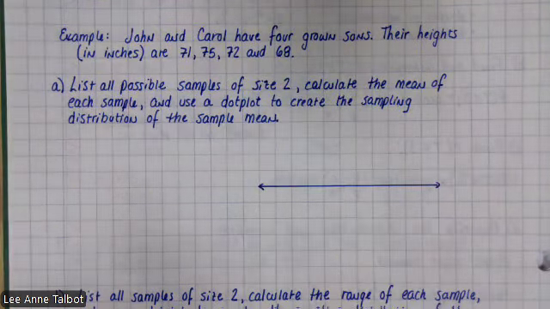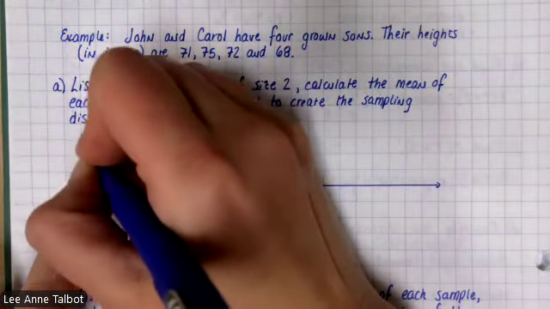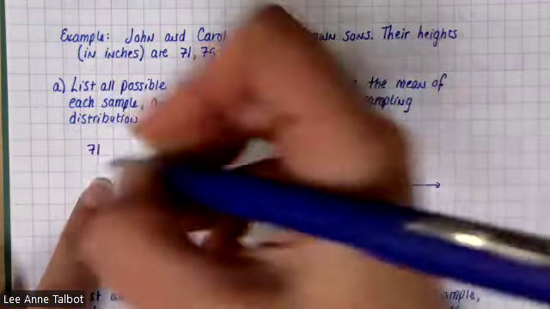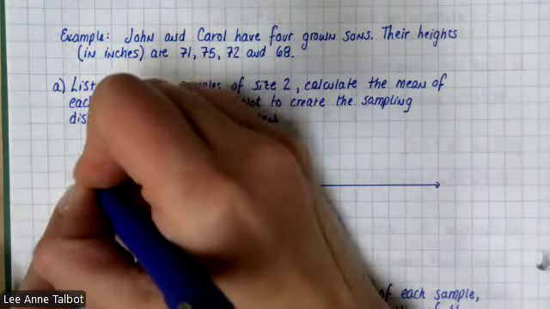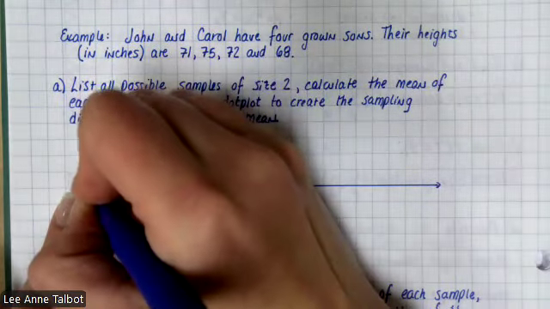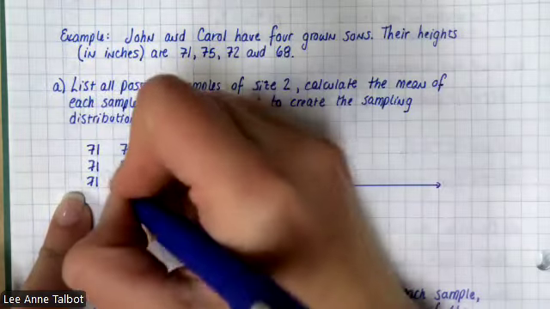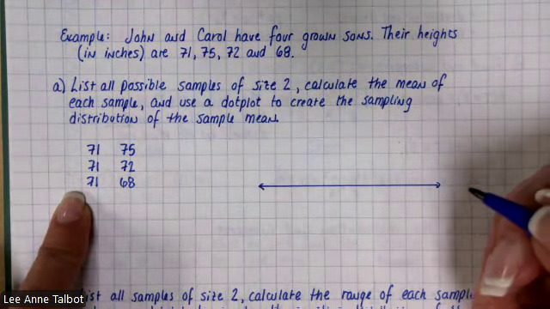Okay, everyone hates this part, so you have to list all possible samples. So we could have the 71-inch guy and the 75-inch guy. And we could have the 71-inch guy and the 72-inch guy. And we could have the 71-inch guy and the 68-inch guy. Do you see what I'm doing?